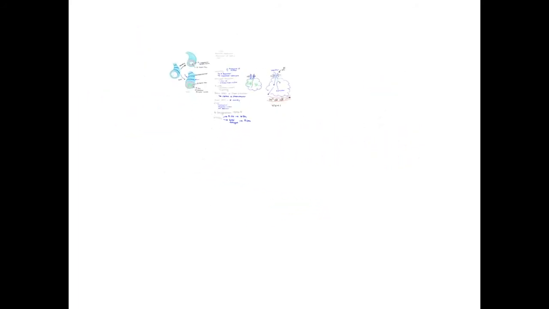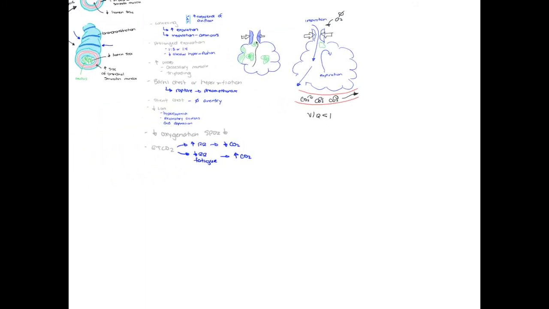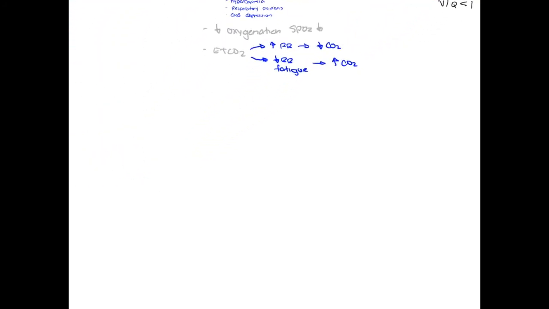So if we're looking again at our alveoli, and the ability to supply blood to these alveoli, we know that because of the mucus production and the decrease in lumen size, it will be very challenging to supply oxygen to these alveoli.